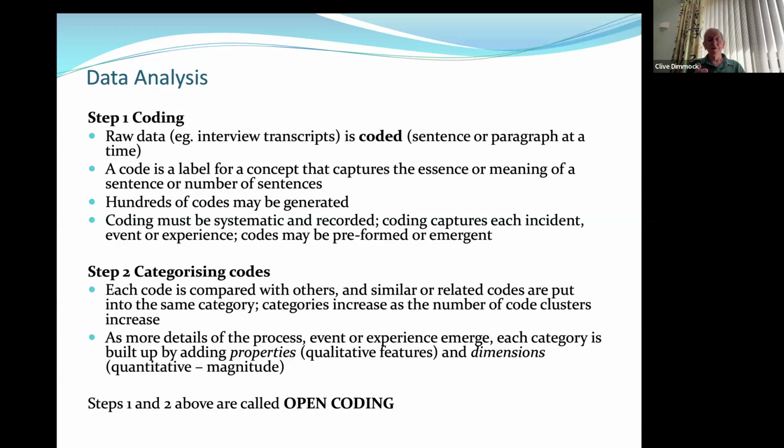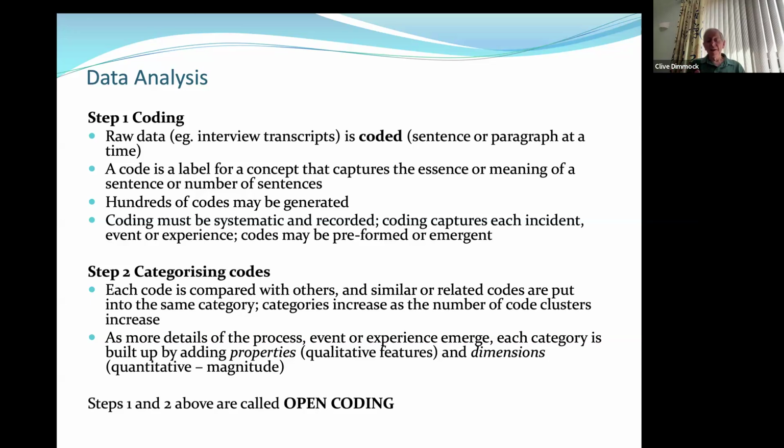And the process is, as you know, you code. A code is a concept label. You get hundreds of them. You form them into clusters to form categories, and you compare the codes with each category, and you decide which category to put codes in.